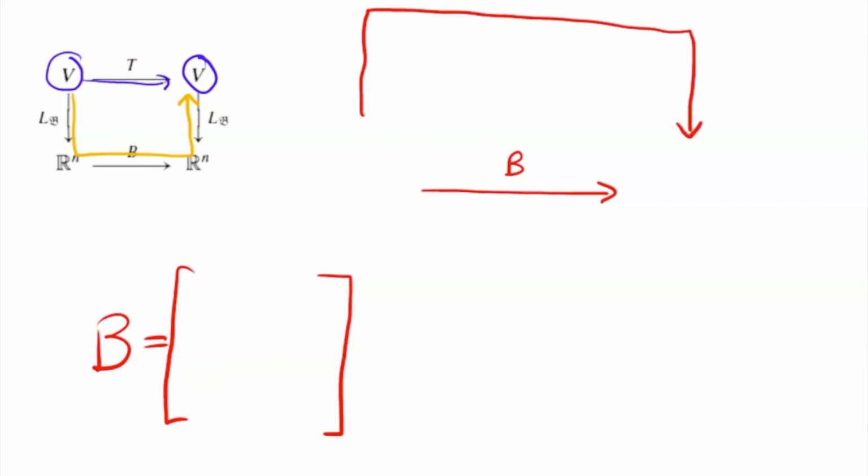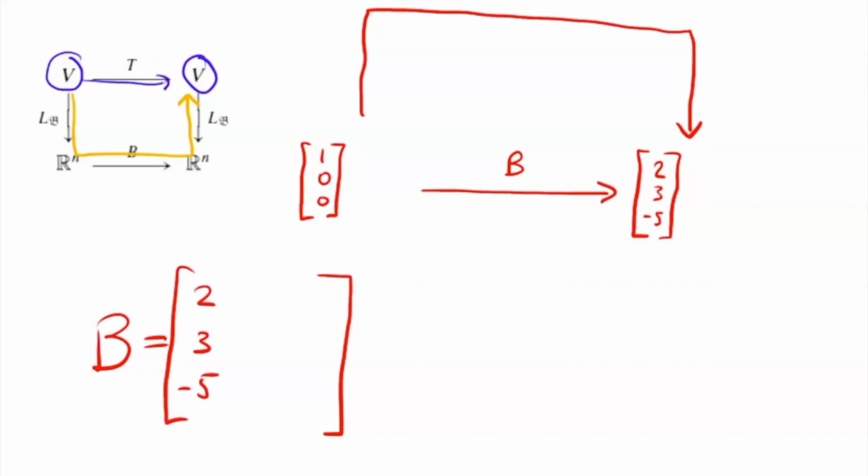So how do we do that? In order to build a matrix B, it's always the same. You want to figure out what the transforms of the basis vectors are. So let's say when I transform 1, 0, 0, I get 2, 3, negative 5, using the arrow that goes up, across, and down.